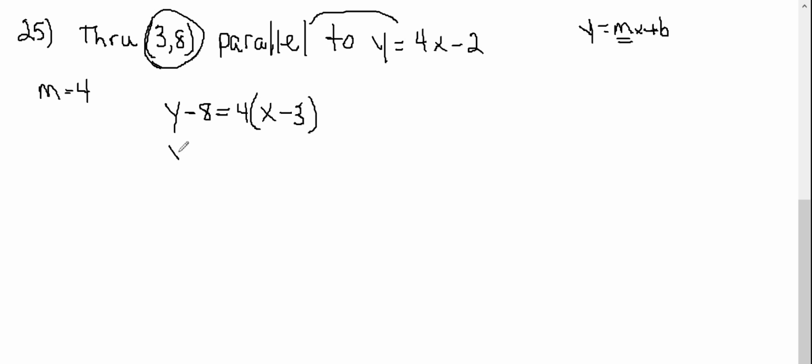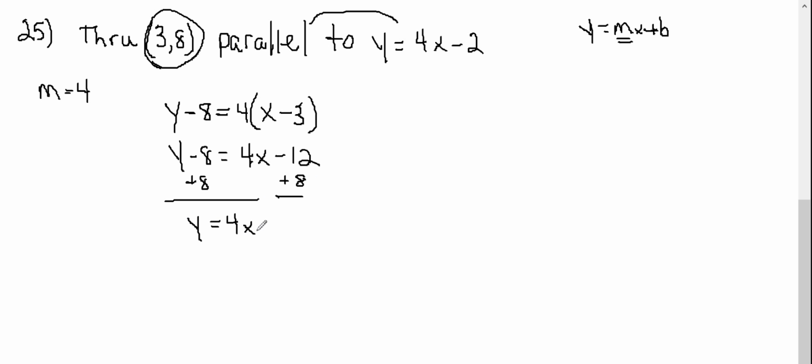So here I've got y minus 8 equals 4x minus 12. Now I'll add 8 to both sides, and I have y equals 4x minus 4. This is the solution, this is what I'm looking for. It's in slope-intercept form, and that's what they're asking for.